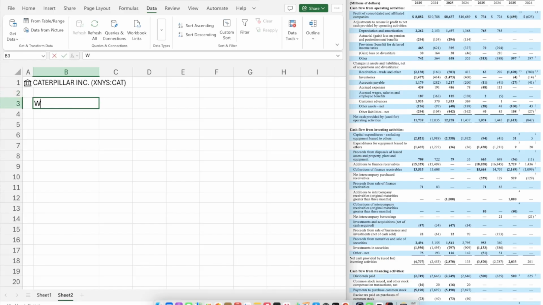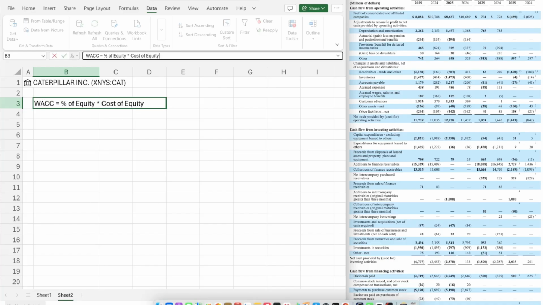So your weighted average cost of capital is your percentage of equity multiplied by your cost of equity, plus your percentage of debt multiplied by the cost of debt multiplied by 1 minus the tax rate.